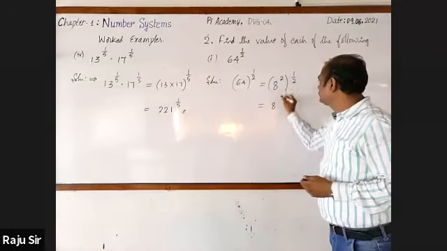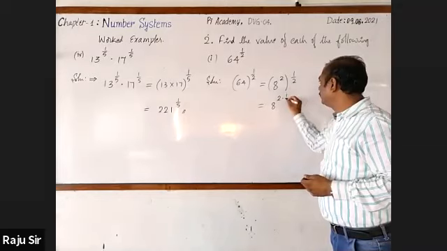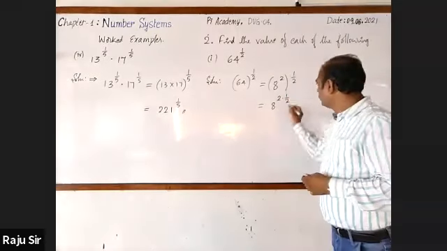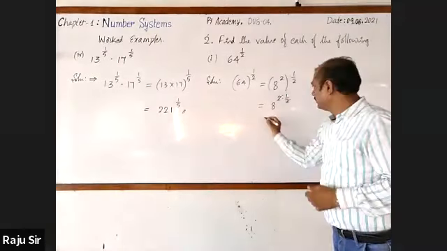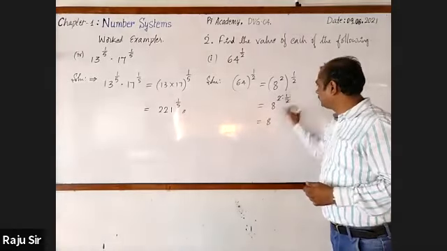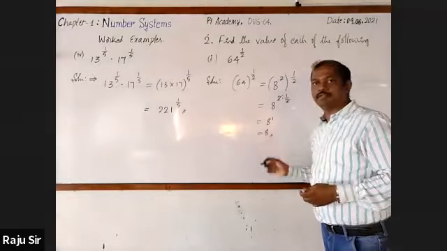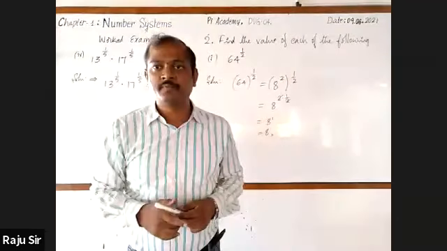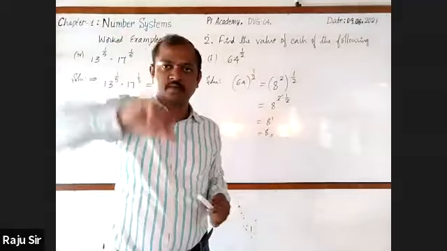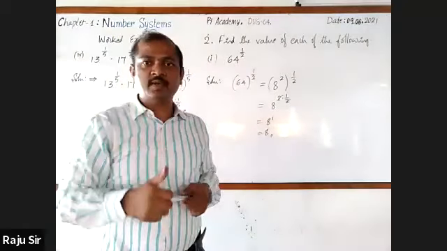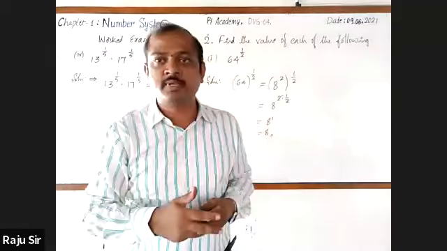It is 8 raised to the power 2 into 1 by 2. 2 and 2 get cancelled. You will get 8 raised to the power 1. 8 raised to the power 1 is just 8. Is it not simple? Yes or no? Yes, very good, Chandana. Lakshmi, let's copy the same.